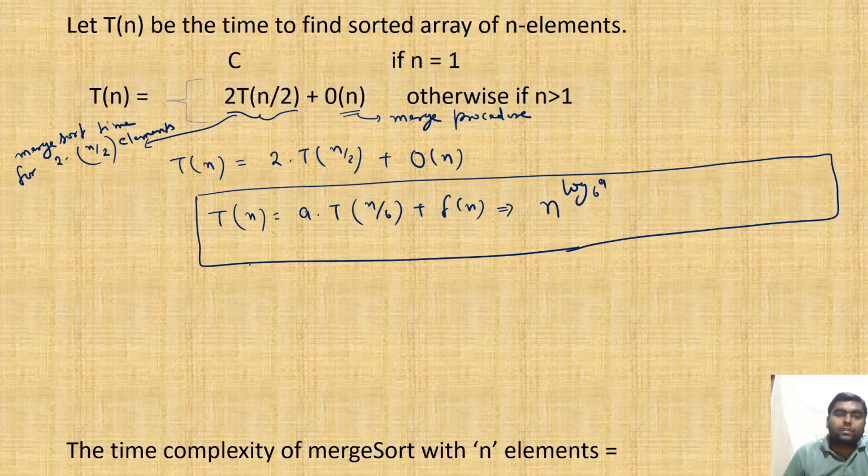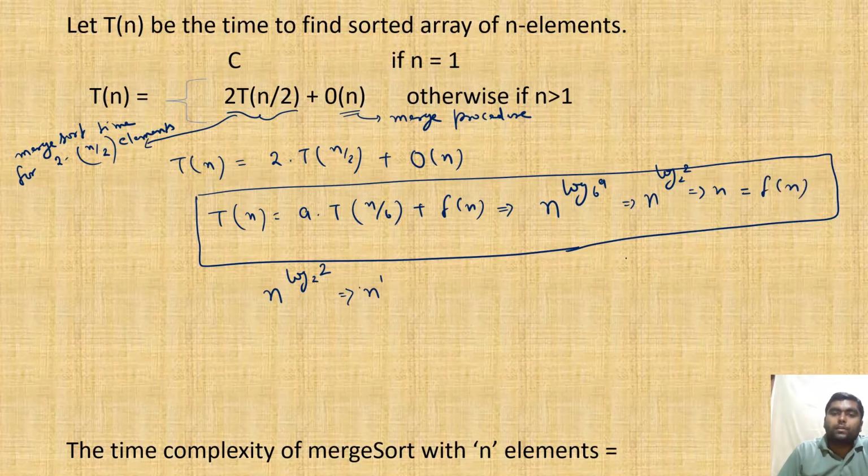If we apply this in our case, a is 2 and b is also 2. So finally we get n raised to the power log 2 base 2, which is nothing but n, and it is also equal to f of n, which is theta of n.